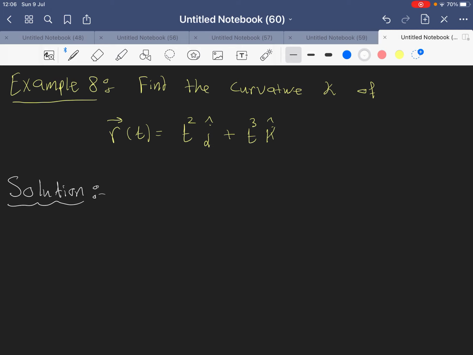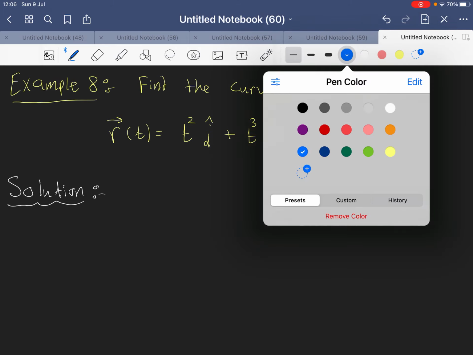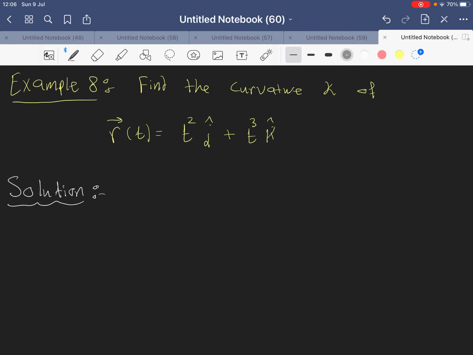Let me first remind you of the formula for the curvature for a vector-valued function. The curvature k is given by the magnitude, the norm, the length of the derivative of r, cross product the second derivative of r, and then we divide by the magnitude of the derivative of r to the power 3.